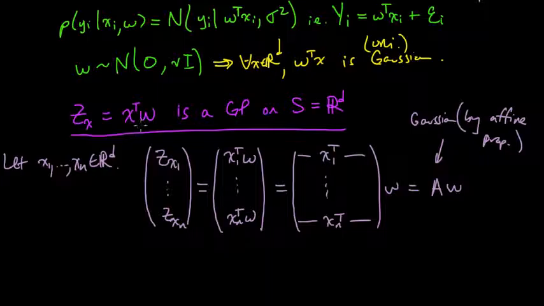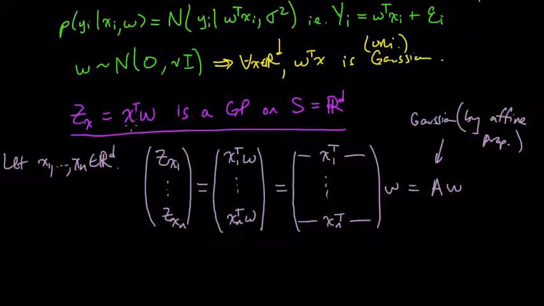And let's think about what this thing actually is. What does this Gaussian process look like? Well, it's this collection of random variables, and for a fixed W, as a function of x, this is a linear function.